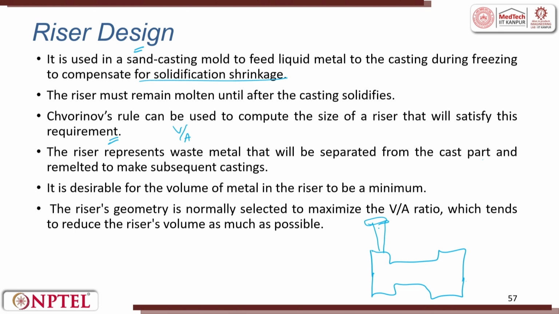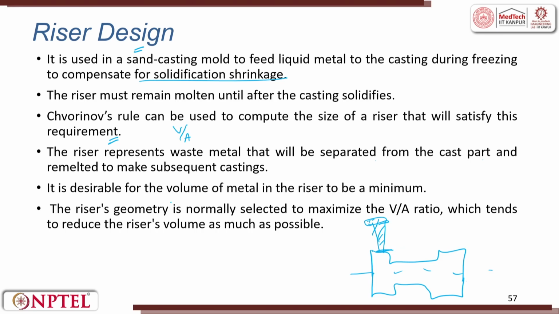Once the part is solidified, we trim it here. Now, this portion will be remelted and we will again use it for filling the mold. So, it is considered as a scrap which can be reused.